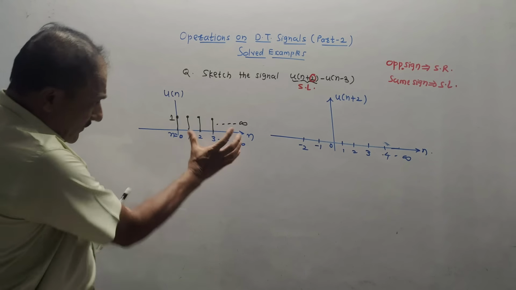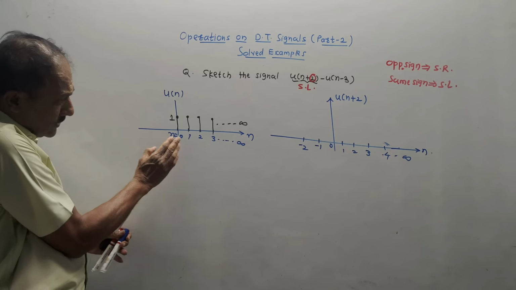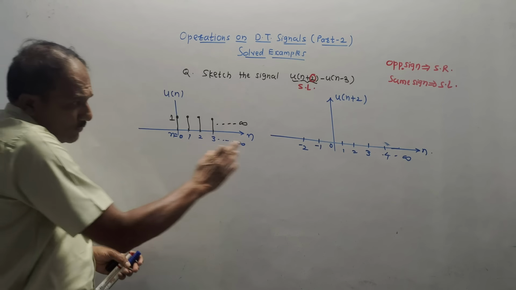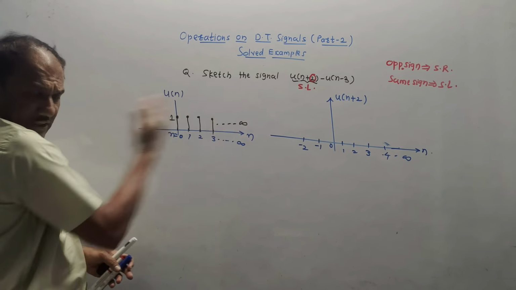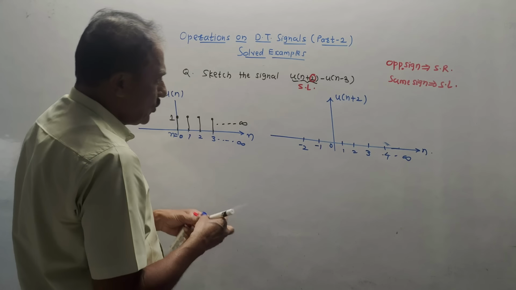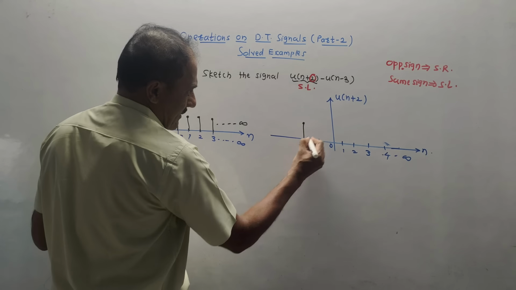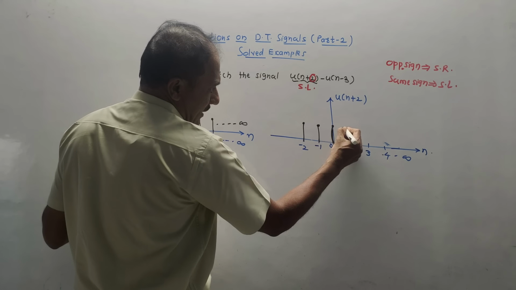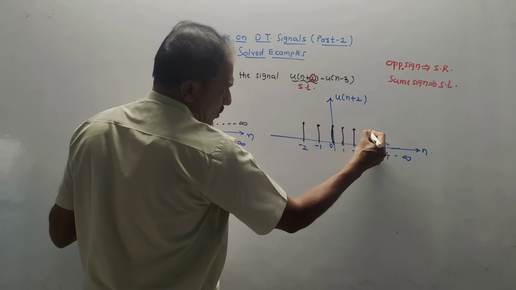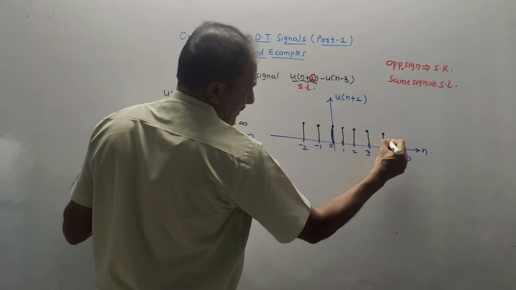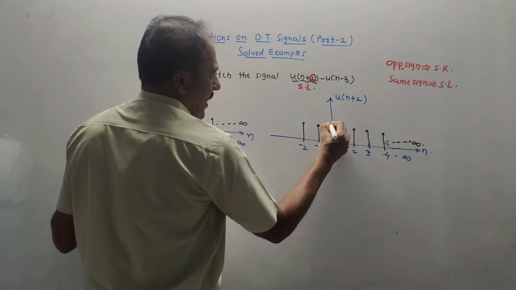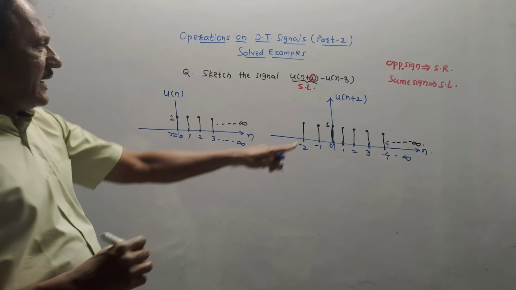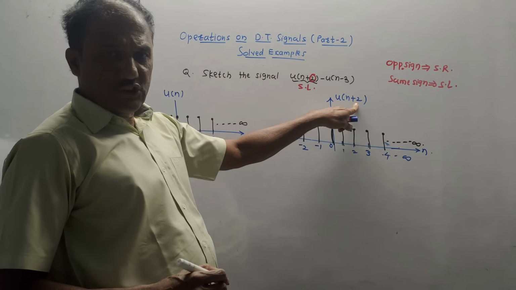Now I will shift this diagram towards the left by 2 positions. It was starting from 0, so it will start from minus 2, because every term will be shifted towards the left. So the new diagram will be like this. Everywhere you will get amplitude 1. Do remember, the amplitude will not change, only the starting point of the diagram is changed. So the amplitude remains 1. This is the diagram for u of n plus 2.